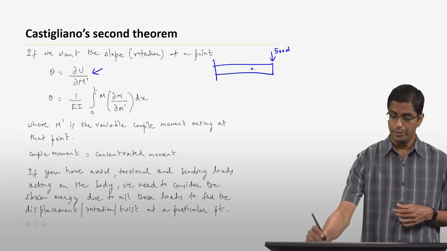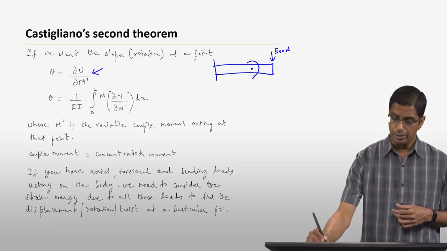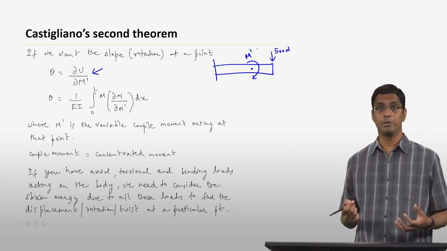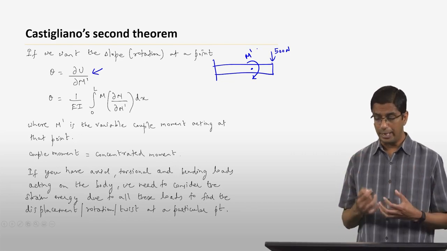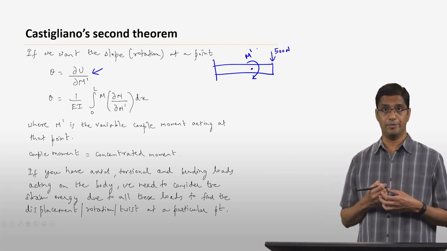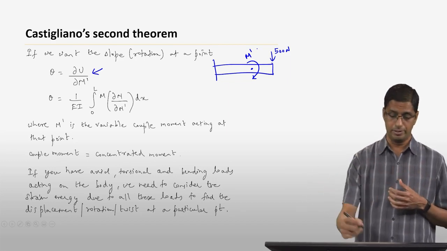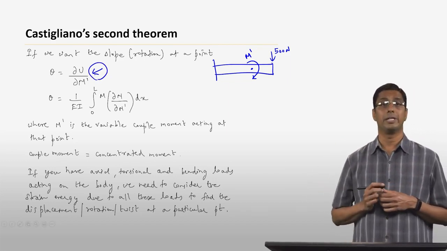Okay, so what you do is you assume a dummy moment m prime acting at that point, find out the internal strain energy due to m prime as well as this 500 Newton force, and take the derivative of that strain energy with respect to m prime. So that is this del u over del m prime.